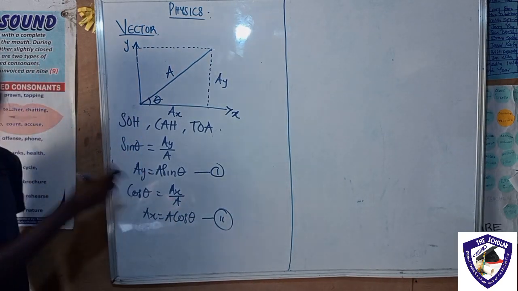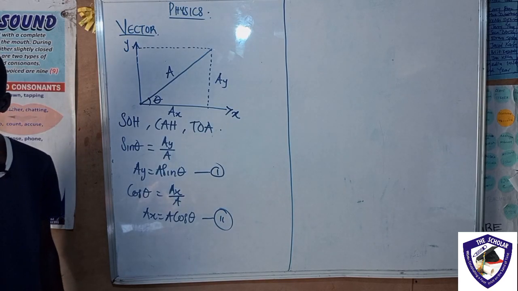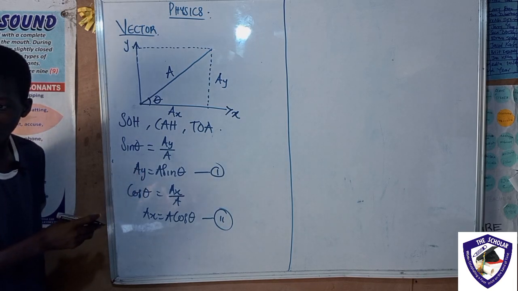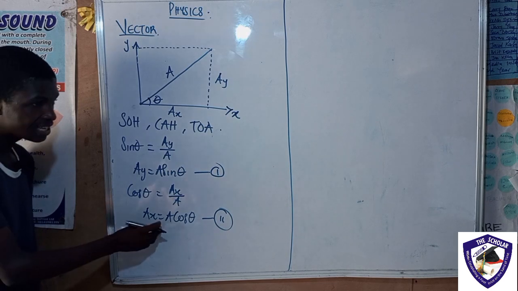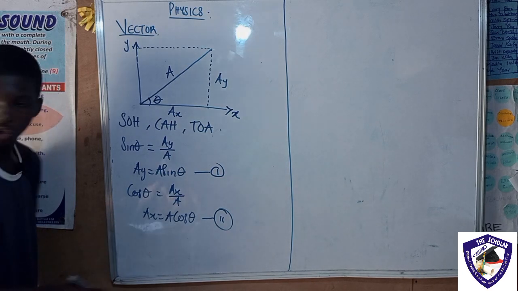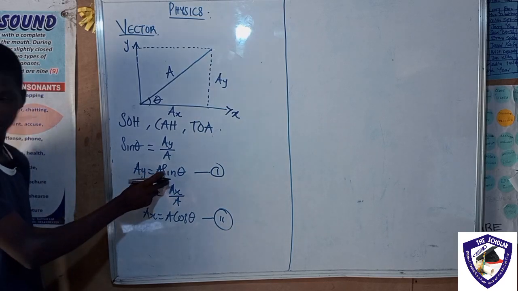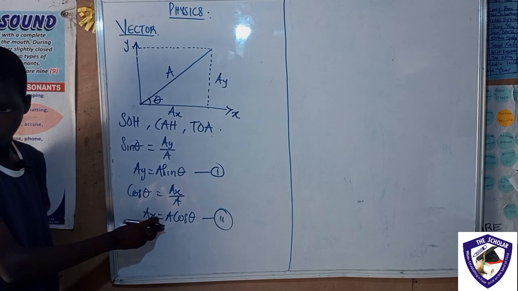And these two formulas tell us two things. Number one, this AY is called the vertical component, while this AX is called the horizontal component.